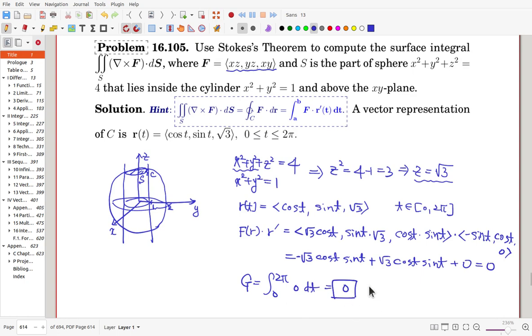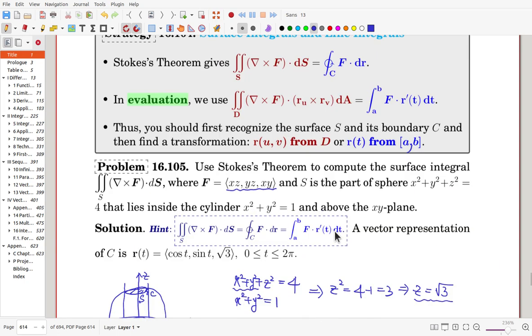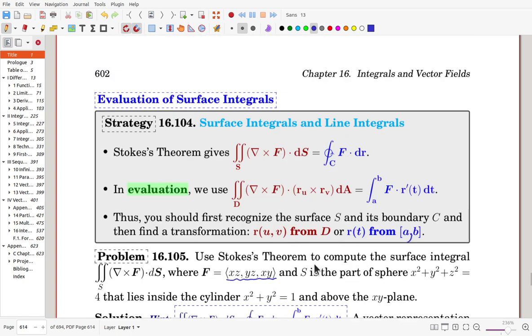Again, when you see a problem asking for Stokes theorem, then that is the right strategy. You have to use this theorem, but practically in evaluation, you have to use either this one or that one to get the asked integral.